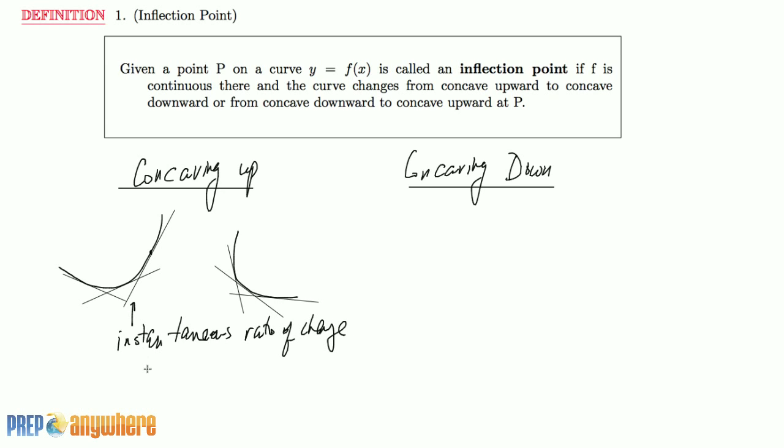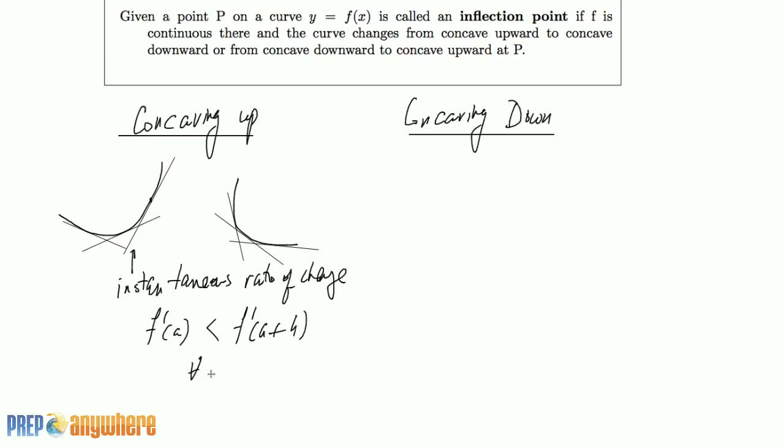And the instantaneous rate of change is represented by F prime at A. If it is true that F prime at a little bit bigger than A is always increasing for all values of A, then we say it's concaving up. Okay? That's the formal equation version, and this is the picture version.